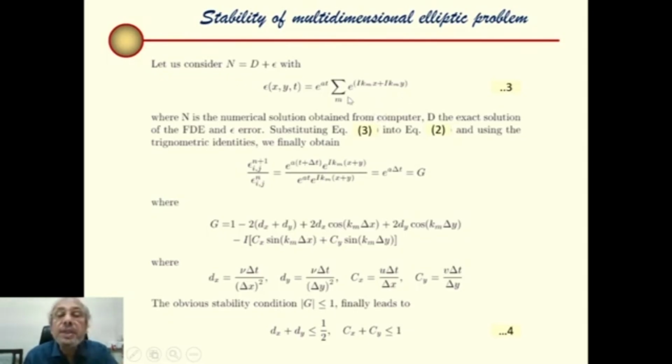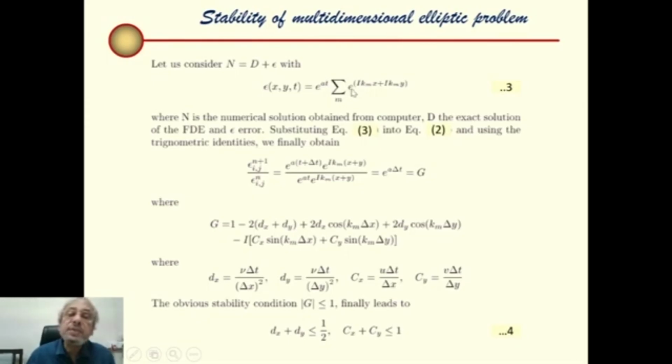So here we have taken the mth quantity, e to the power i km x plus i km y, times e to the power at. This is basically the representative term of the error quantity.